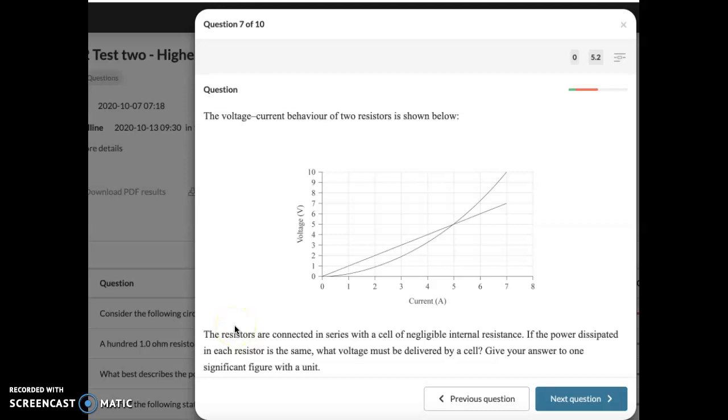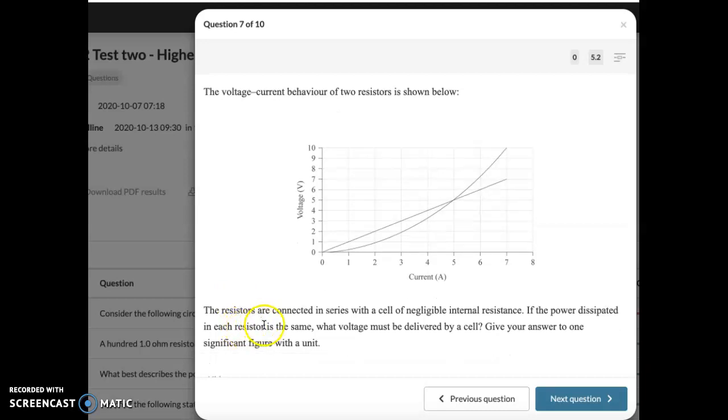Now, if the power dissipated in each resistor is the same, that means that the product of current times voltage, I times V, is equal. What voltage must be delivered to the cell? So you need to find on this graph where current times voltage would be the same.